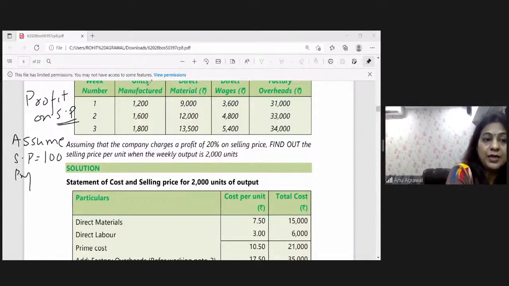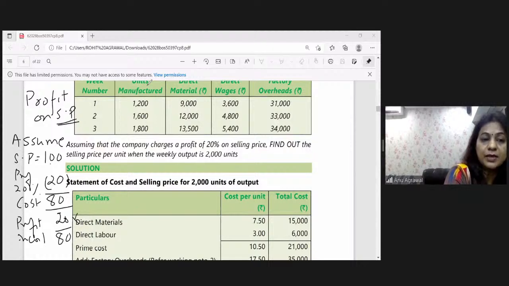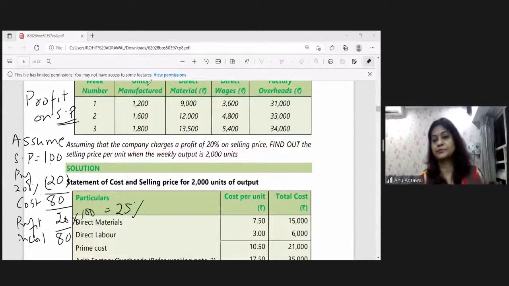If profit happens to be 20%, that means 20% of 100 is going to be 20. So cost is going to be 80. So what will be the profit percentage on cost? It will be 20 divided by 80 into 100, which will come out to be 25%.